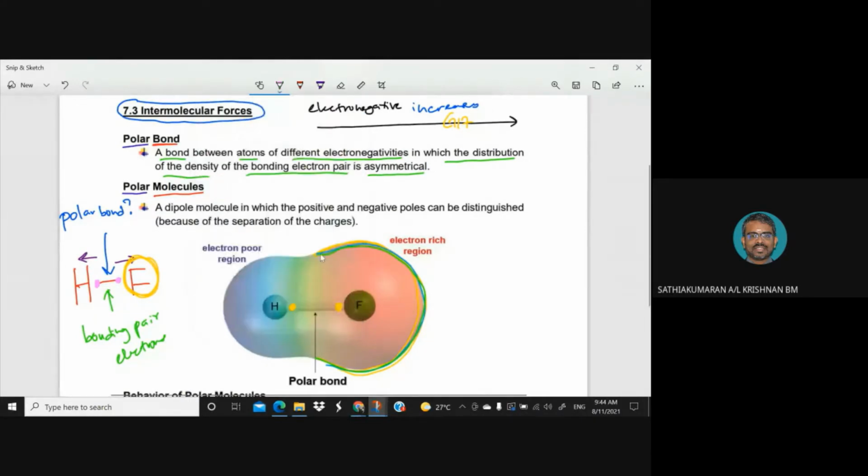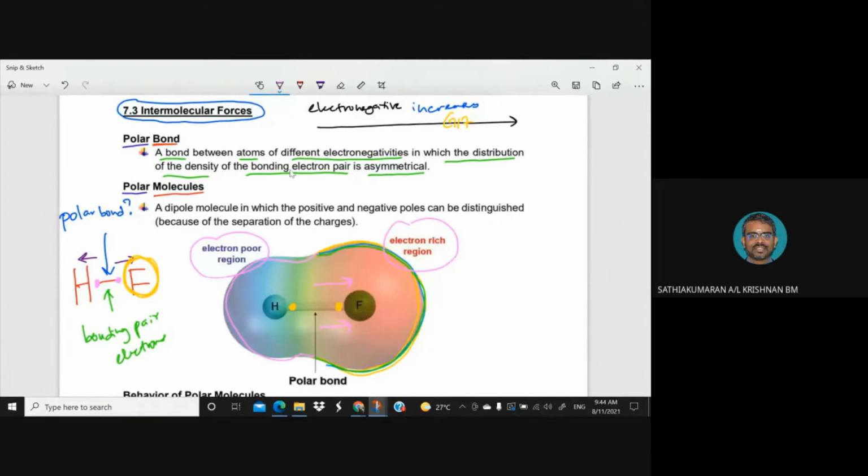This is the hydrogen side, it is smaller. So this area is rich with electrons and this area is poor with electrons. All the bonding pair of electrons is attracted towards fluorine, because fluorine has higher electronegativity and a higher tendency to attract electrons towards itself. So that's why you can see the electron cloud like this.